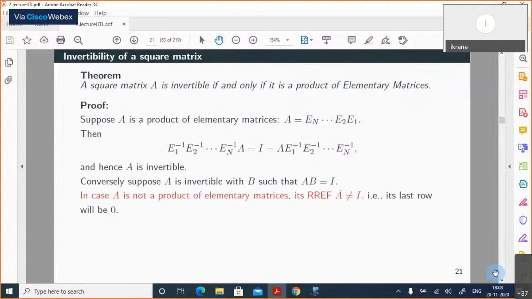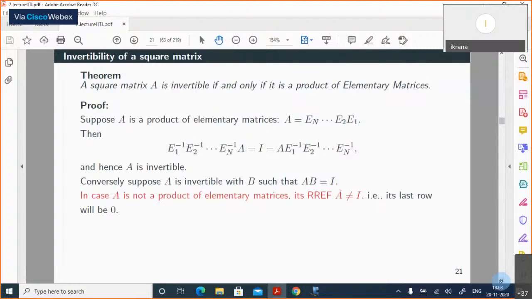By multiplying by elementary matrices, I can bring it to reduced row echelon form. Then that reduced row echelon form cannot be equal to identity, which means the last row must be equal to 0. That is the only way it can happen.